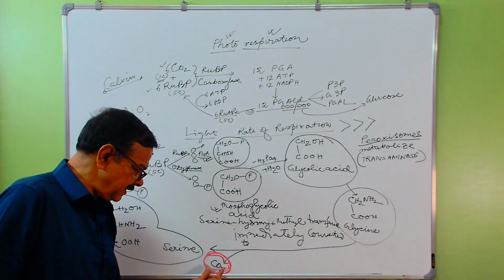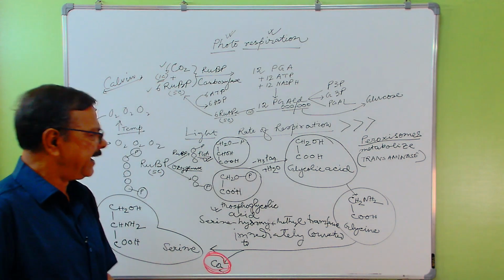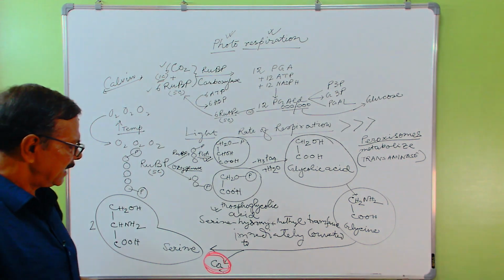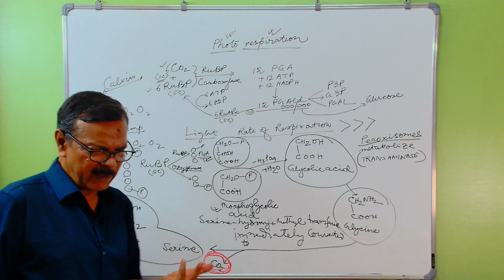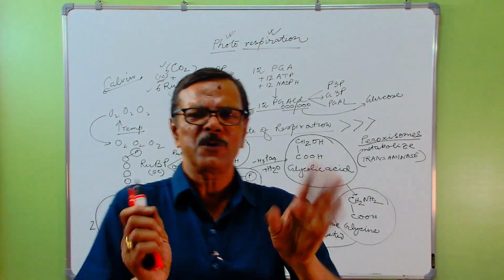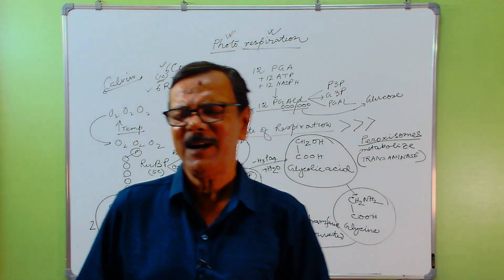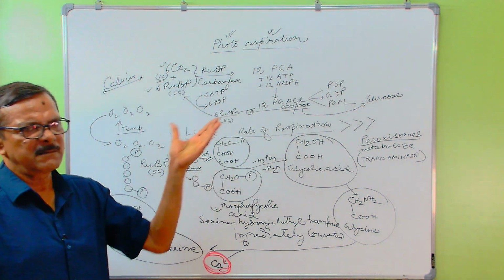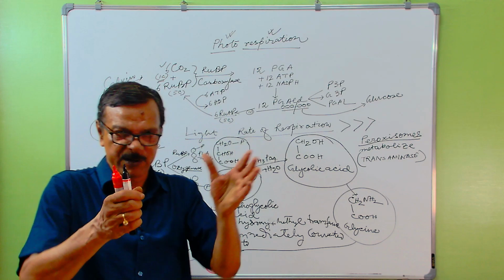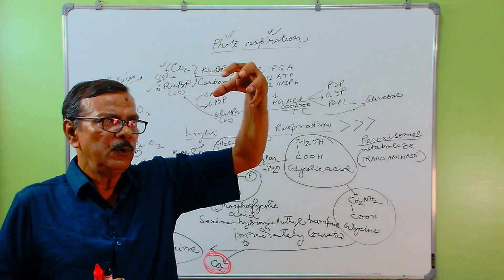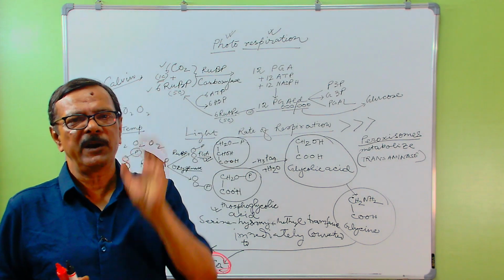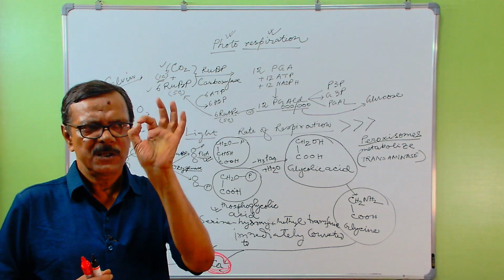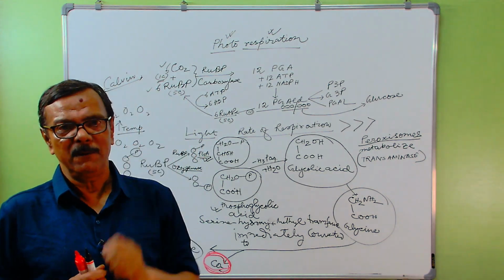Why am I writing this CO2 in red? Because you can simply say some CO2 is going out, no problem. It is not like that. Because the plant takes very much hardship to incorporate the carbon dioxide, especially the carbon. How?